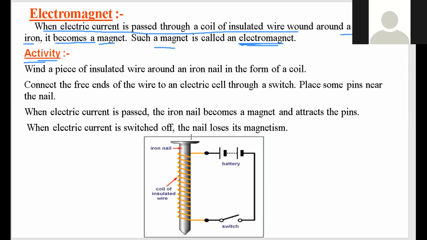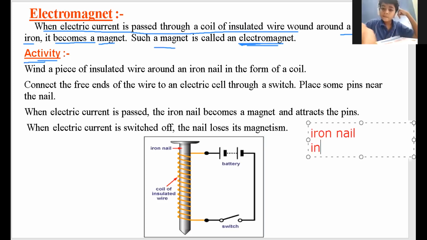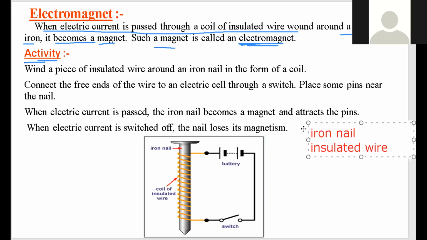The components needed for making an electromagnet are, first of all, an iron nail. It is very easily available near our house, you can get it from any hardware shop. Then insulated wire, which is also easily available. Then we need a battery or a cell, but it is better to use a battery because it has more voltage.